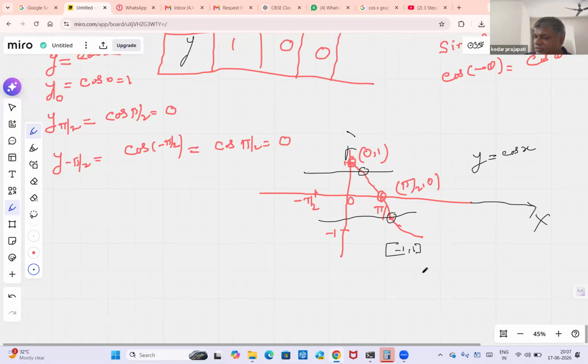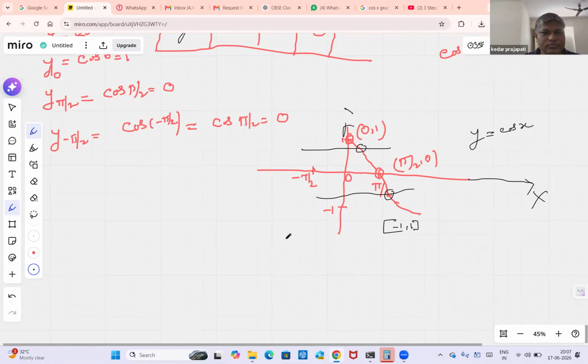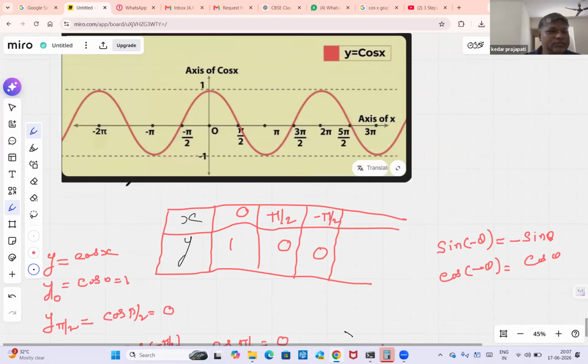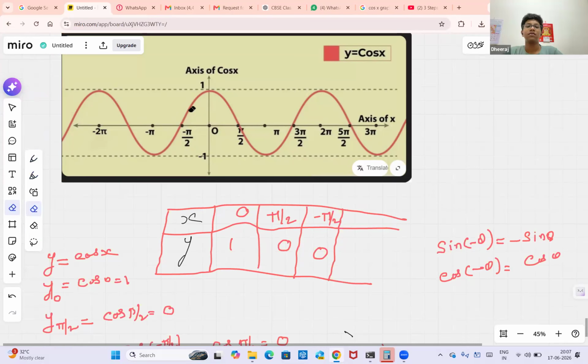Correct, right? Okay, so now we'll go and draw the image of this. I mean, inverse of this. So let me draw it here. Can I erase this?